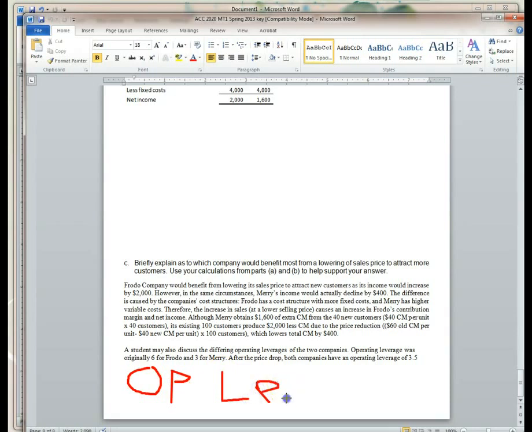Except, again, readable. Boy, I like Excel better. Operating leverage. Yeah, it looks like a serial killer wrote that.